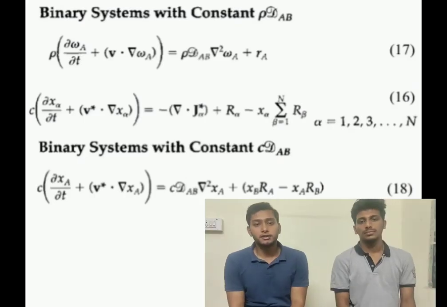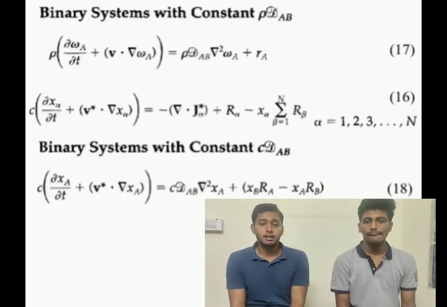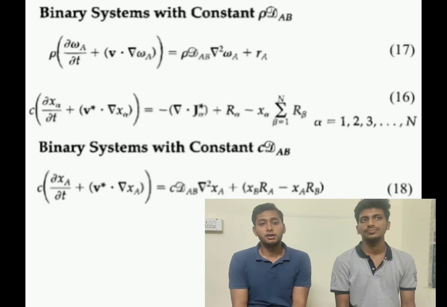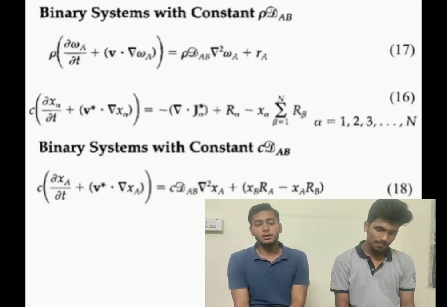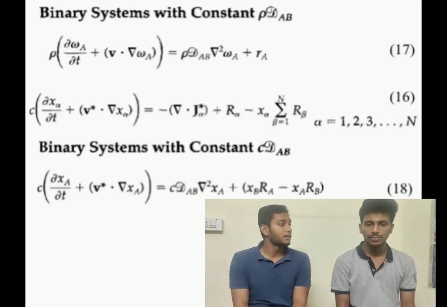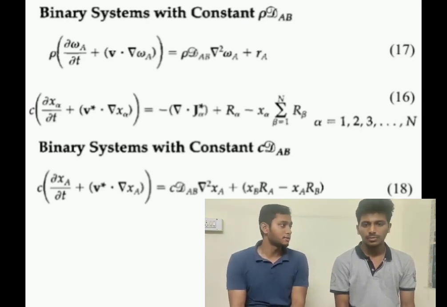Now let's look at the equation, which is C times ∂x_A by ∂t plus v star dot ∇ x_A is equal to D_AB times ∇² x_A plus x_A R_A minus x_A R_B. Now we look at the term by term breakdown of this equation. Alright Kaushik, let's get into the terms. Will you start us off?